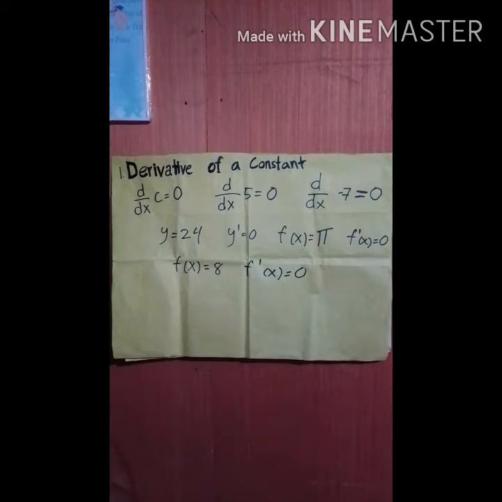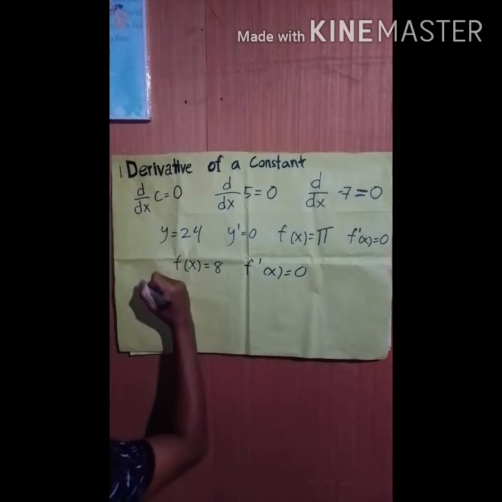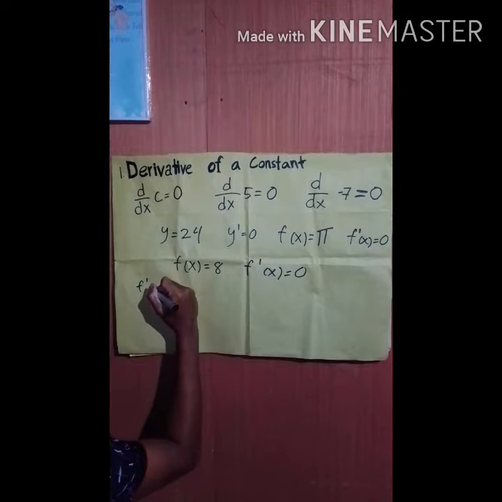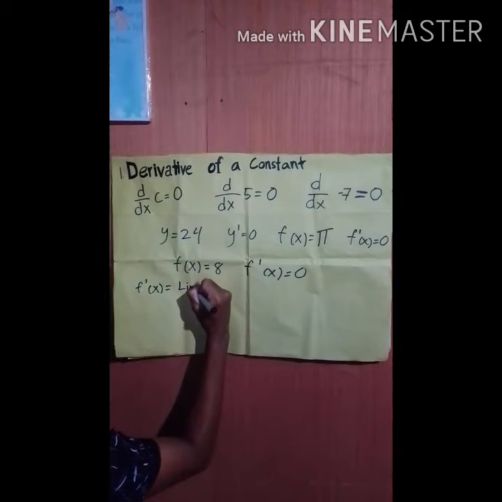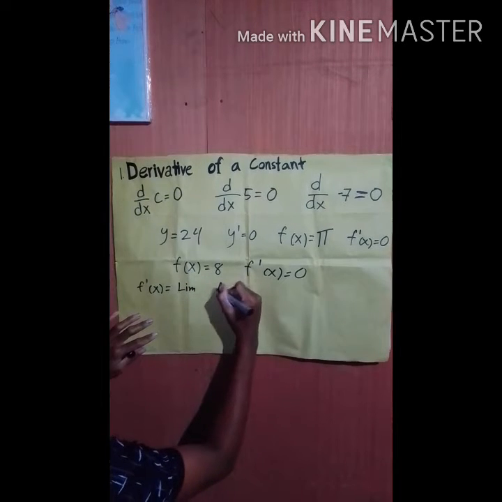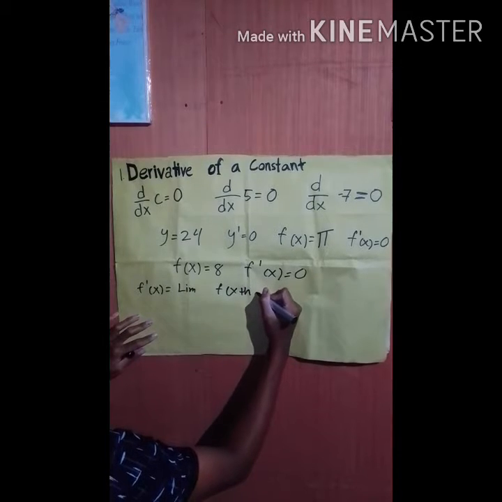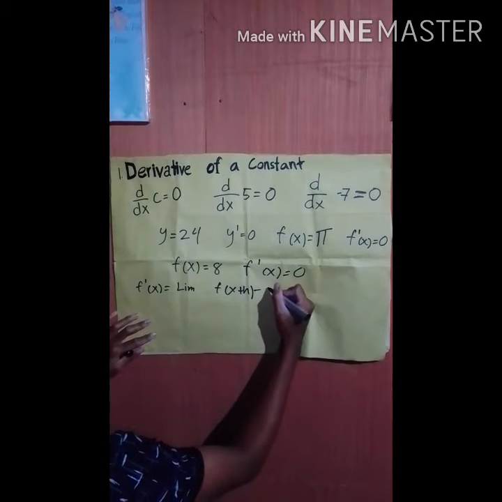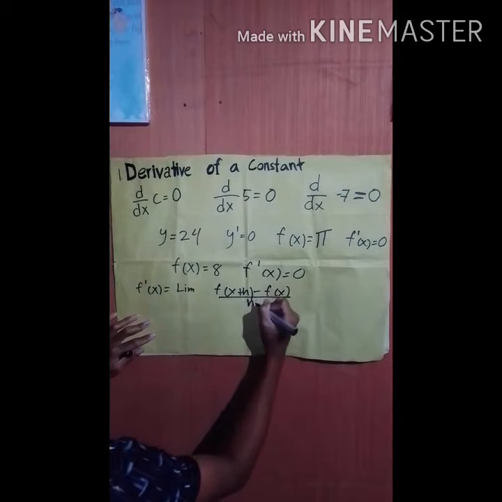Now let's use the definition of derivative. f prime of x is equal to the limit as h approaches 0 of f of x plus h minus f of x, all over h.